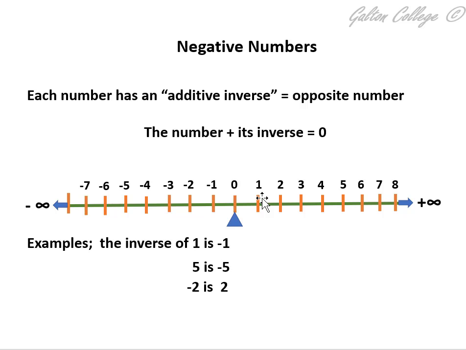So we take 1 and its inverse. If we add its inverse to the number, minus 1 plus 1, it's 0. 5, the inverse is minus 5. If we add minus 5 to 5, we get 0. Minus 2 and 2, we get 0 if we add them together.